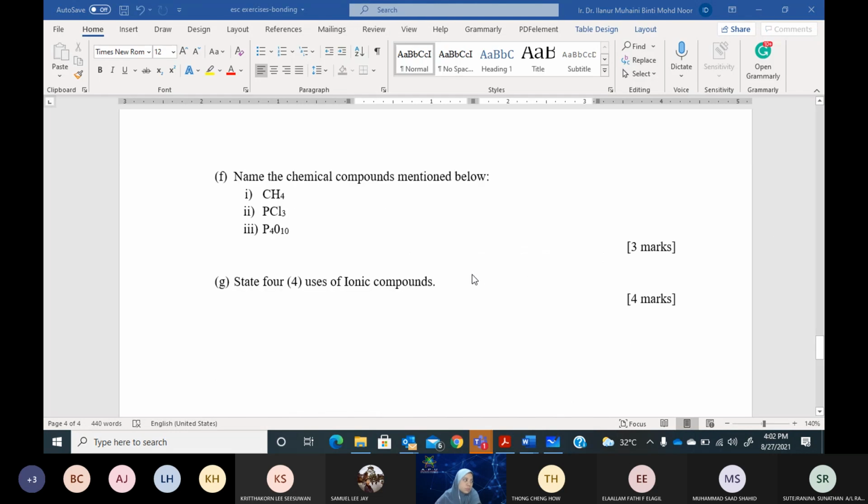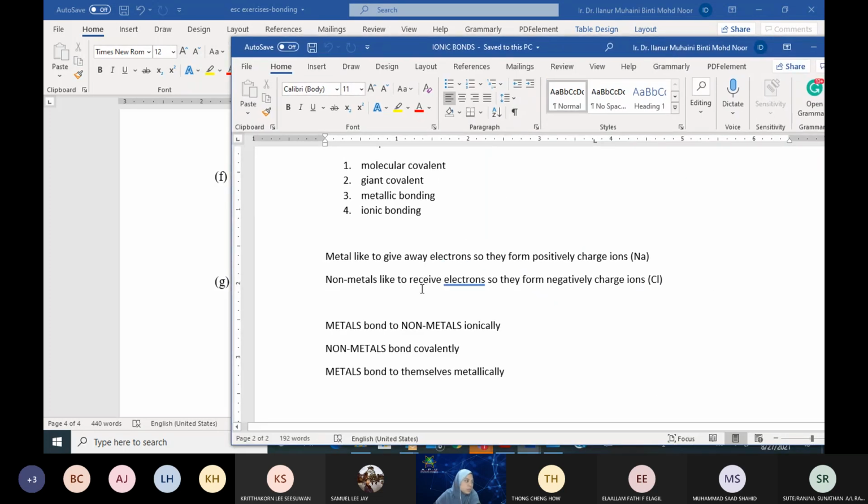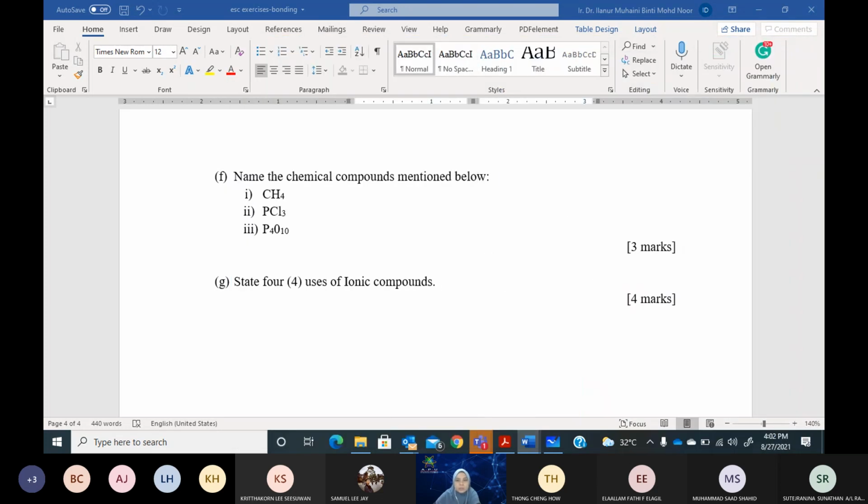Okay, next question. State 4 uses of ionic compounds. What are the examples of ionic? Open back the notes. Ionic is metal bond with non-metal. What are the examples?